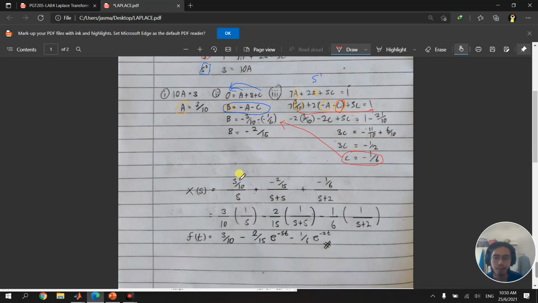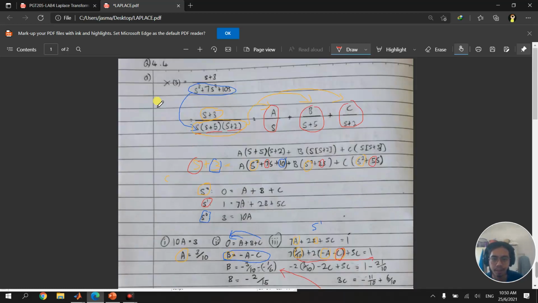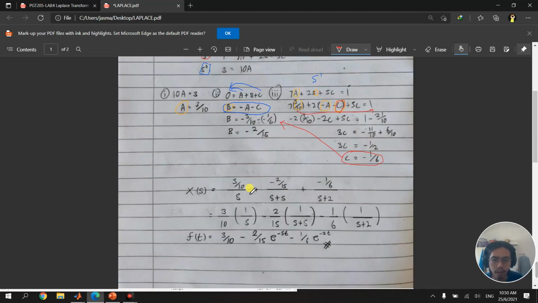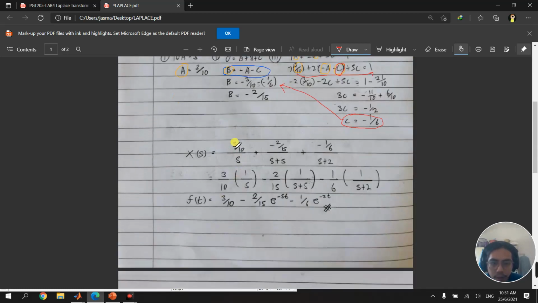Okay, from there we will replace the values a, b, c into the equation that we did first, which is this one, and then we move all of this outside of the Laplace, which we will do later here.